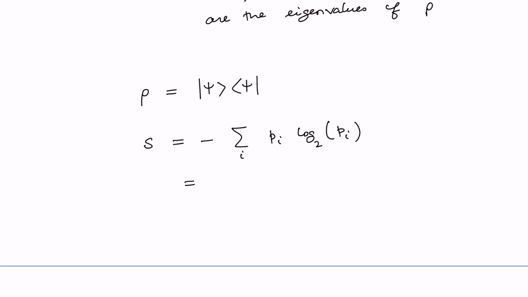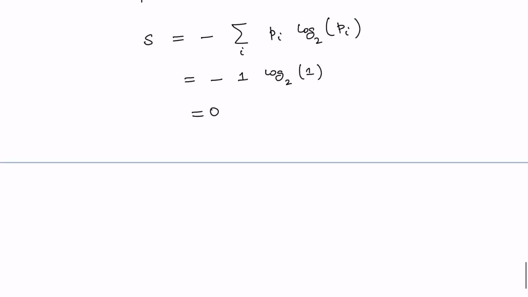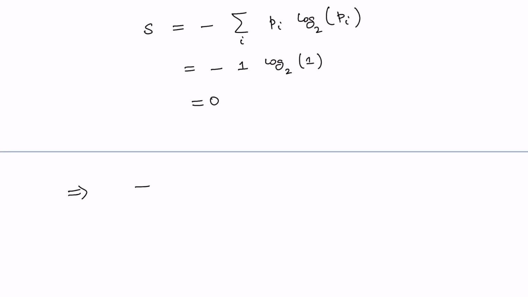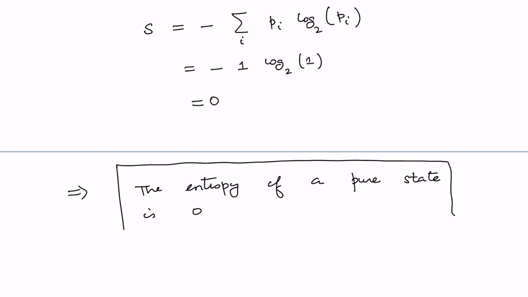So instead of this summation, I have just one term, where p_i is equal to 1, and log of 1 is equal to 0. So this is an important result: the entropy of a pure state is 0. This is quite obvious. That means there is no disorder or randomness, because we have the full information about the quantum system. That is the reason it's a pure state.